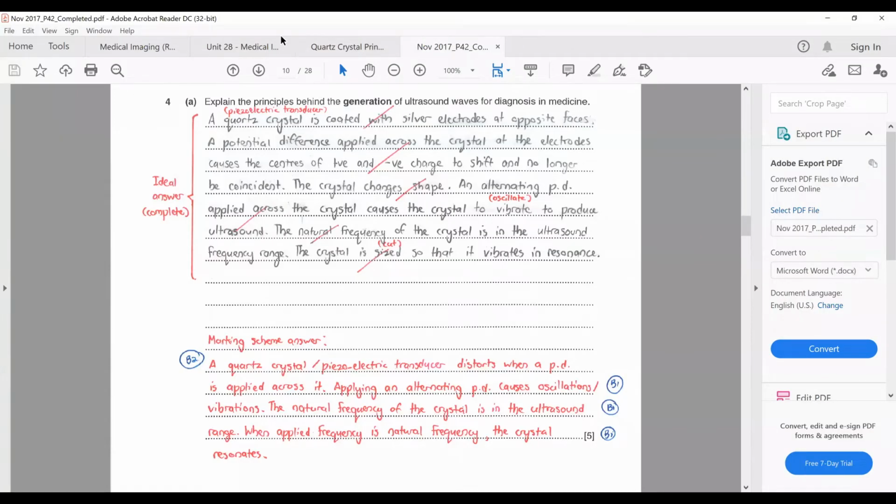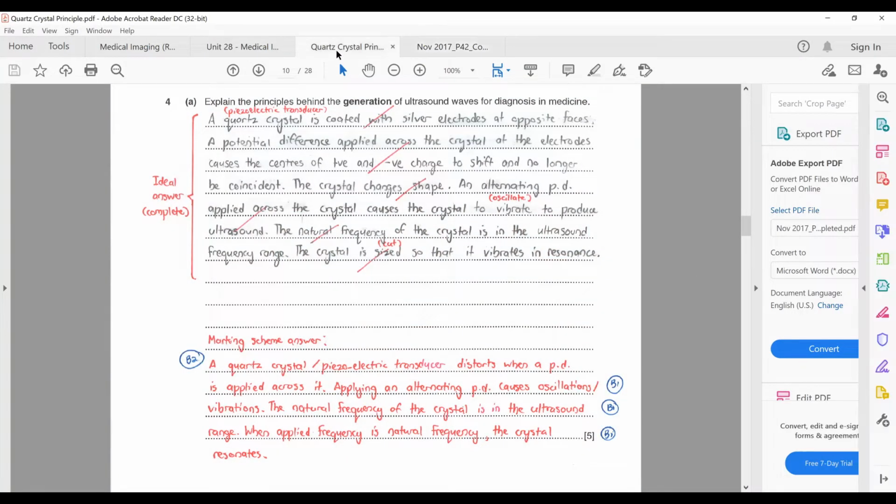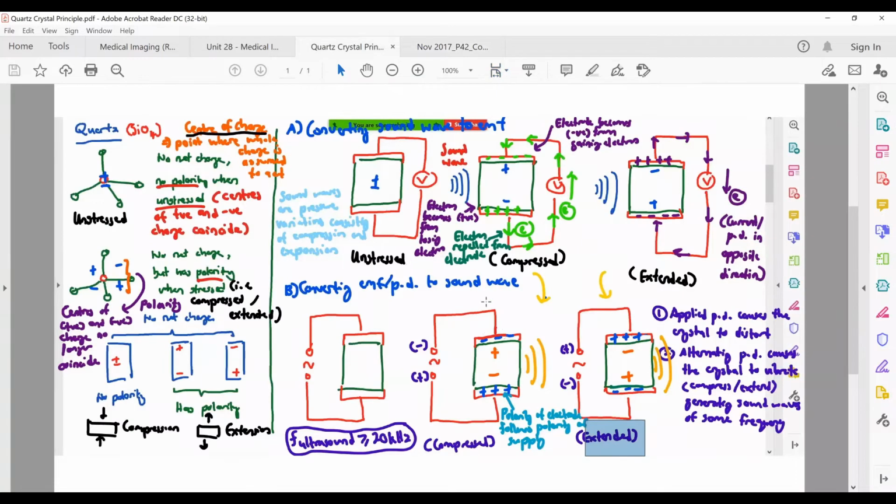While you're copying, I just need to explain a bit about the last part here. Now you get the idea that you need to apply an alternating PD to cause the crystal to vibrate to produce ultrasound. But then why is it that suddenly we talk about the natural frequency of the crystal being in the ultrasound frequency range and that the crystal is sized so that it vibrates in resonance? It has something to do with this. If I just refer back to that little diagram that I showed you.